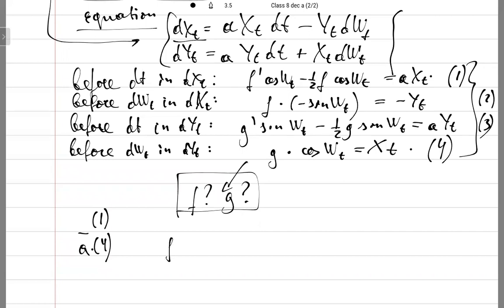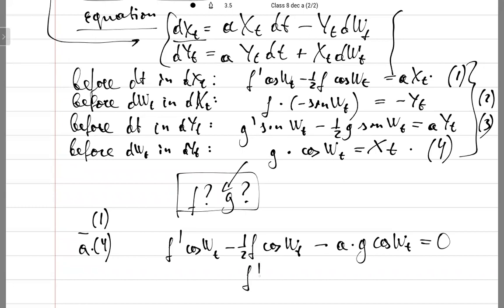So I have f prime cosine of wt minus 1 over 2 f cosine w minus a times j cosine w is 0. Or f prime minus 1 over 2 f minus a times j is 0.